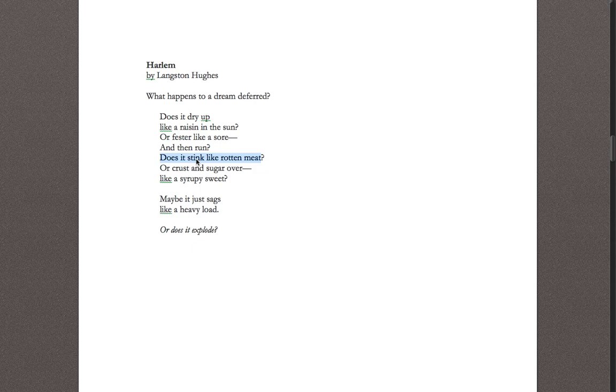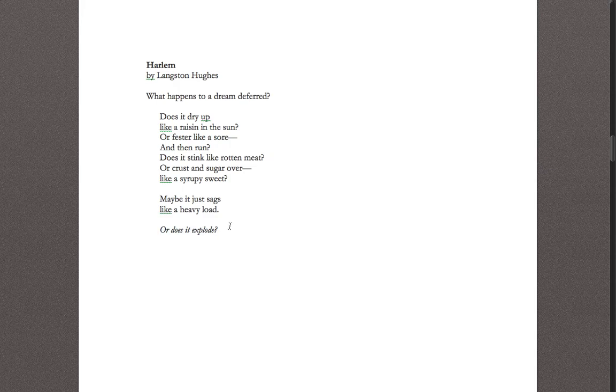Does it just become inedible or undesirable? Does it carry this heavy weight that cannot be overcome? Oppression, maybe. Or does it explode like a bomb, which is left out of the metaphor, but we get that it is a bomb that would explode. Each of these carries with it a very specific emotional response in the A is B formula.